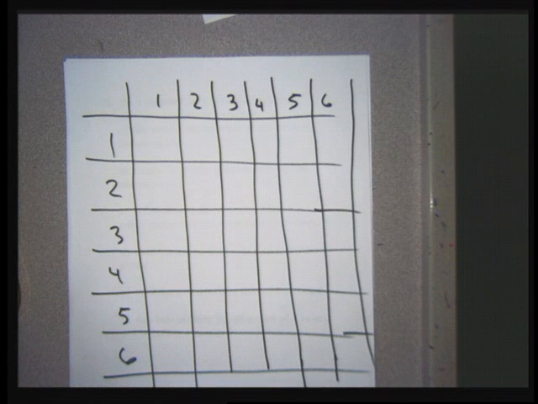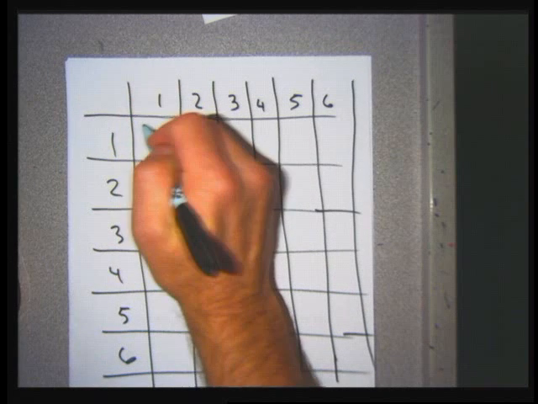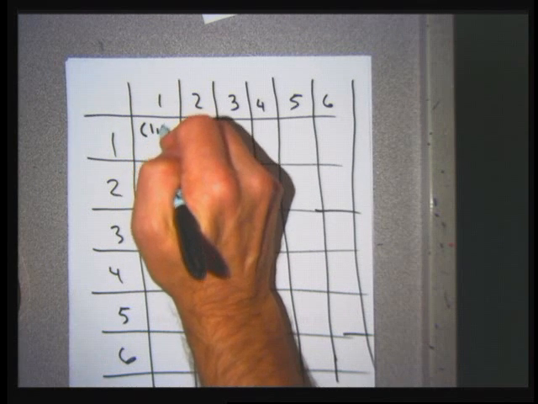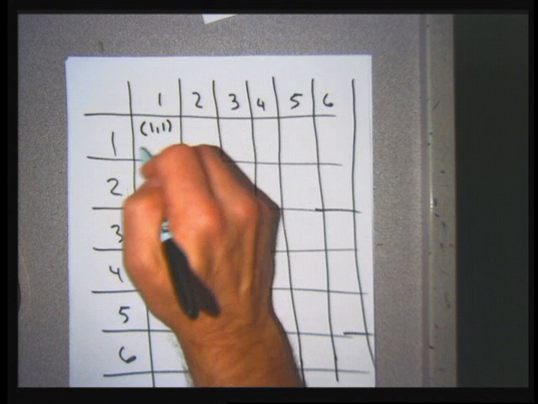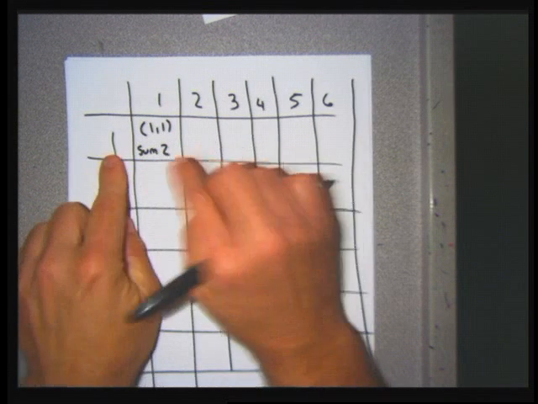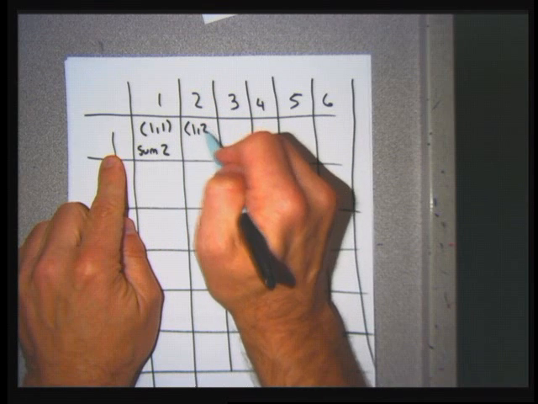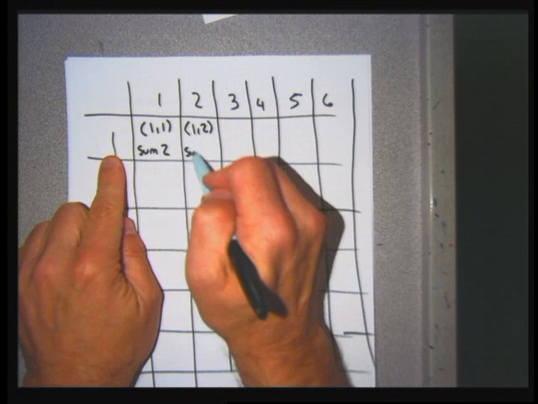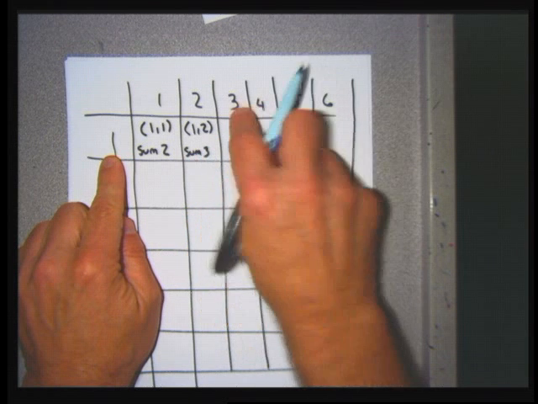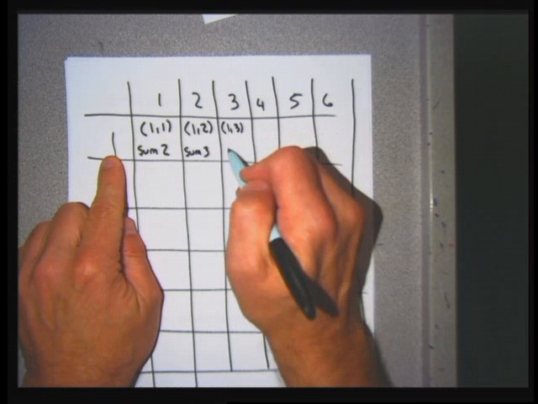So my sample space would be having this dice be a 1 and that dice be a 1, and we've seen this sample space at least, now we're creating it. The sum of these 2 dice is 2. Now having this dice a 1 and that dice a 2, I'm going to write that as a 1 and a 2, and the sum of those is 3, and then a 1 and a 3, the sum is 4.